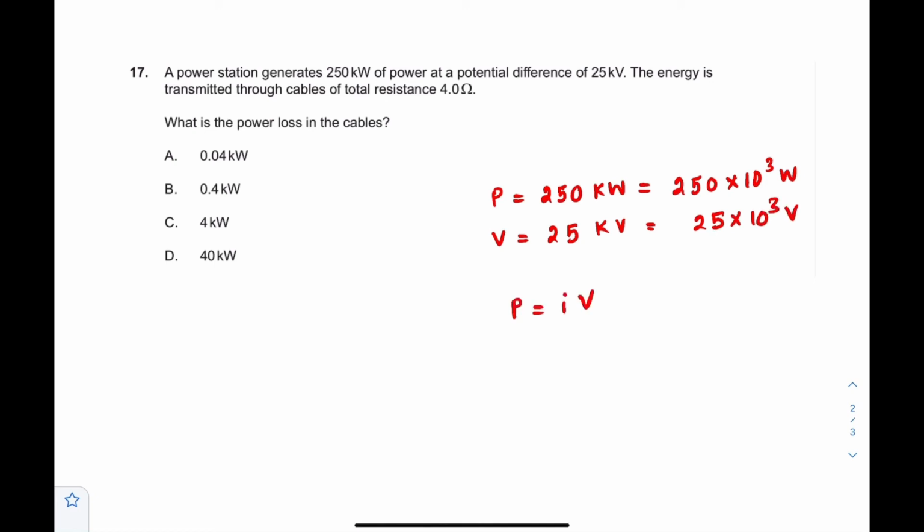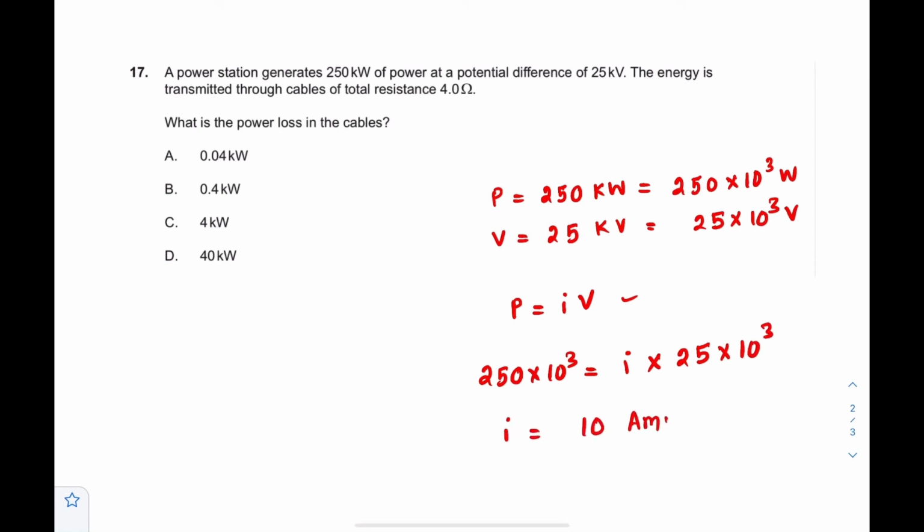We know that power is equal to I into V, where V is the potential difference. So 250 into 10 cube equals I, the current flowing out which we don't know, into 25 into 10 cube, right? So from here I comes out to be 10.